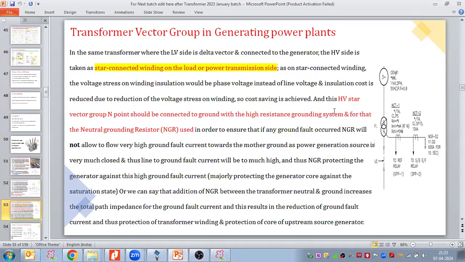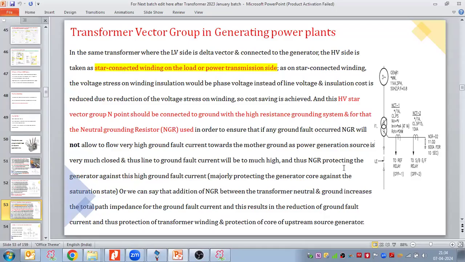So the HV side vector group neutral point should be connected to ground with a high resistance grounding system, and for that the neutral grounding resistor is used in order to ensure that if any ground fault occurs, the NGR will not allow high ground fault current to flow towards the mother ground, as the power generation source is very close, and this line to ground fault current will be very high.